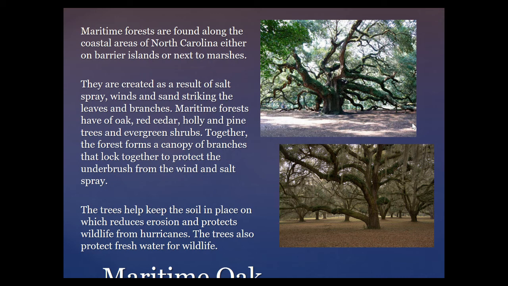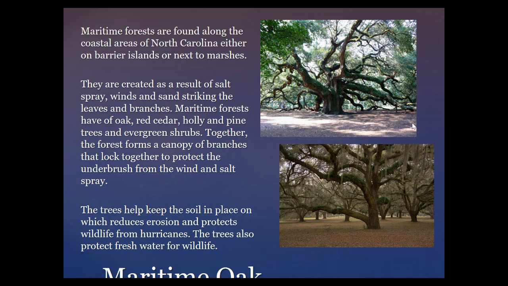So this canopy will actually protect things that are underneath the tree. So it will protect the bottom part of the tree and the ground from that wind and that salt spray. So it's almost like opening up an umbrella.